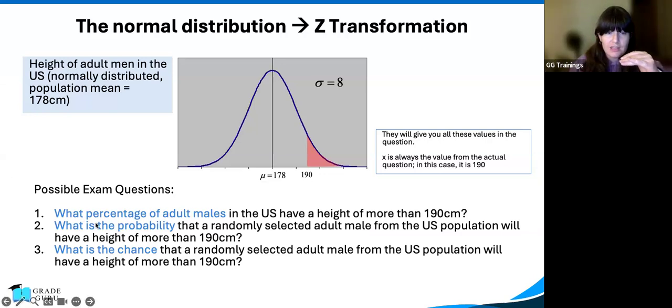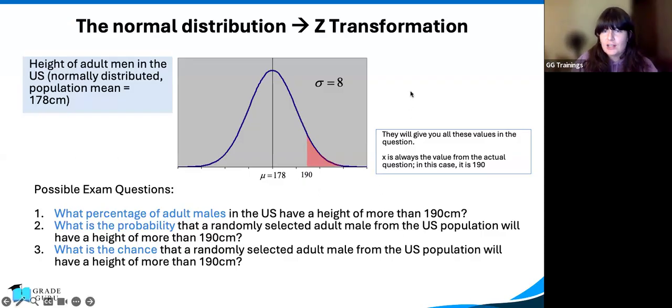This language doesn't appear anywhere else in the course. These are probability questions, and as you can see, the answer they want from you in all of these cases is a percentage. So this should draw your attention to the Z transformation and the sampling distribution of means.